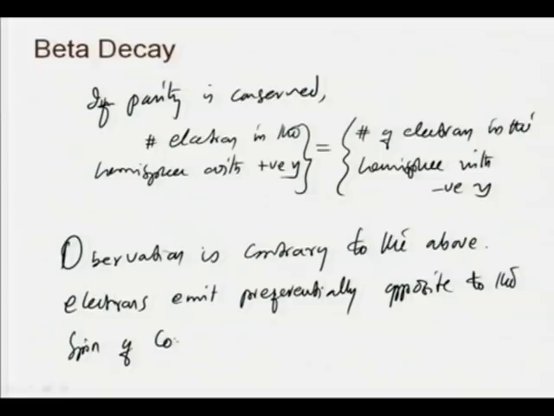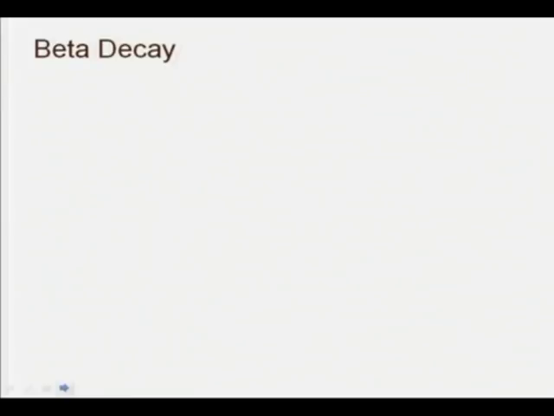That is the preferred direction for the electron. Okay. It is not exactly opposite, but if you take the distribution in positive y and negative y, it is found that most of it is in the negative y direction. Okay. In fact, it is found that beta decay is confirmed to be a parity violating process.